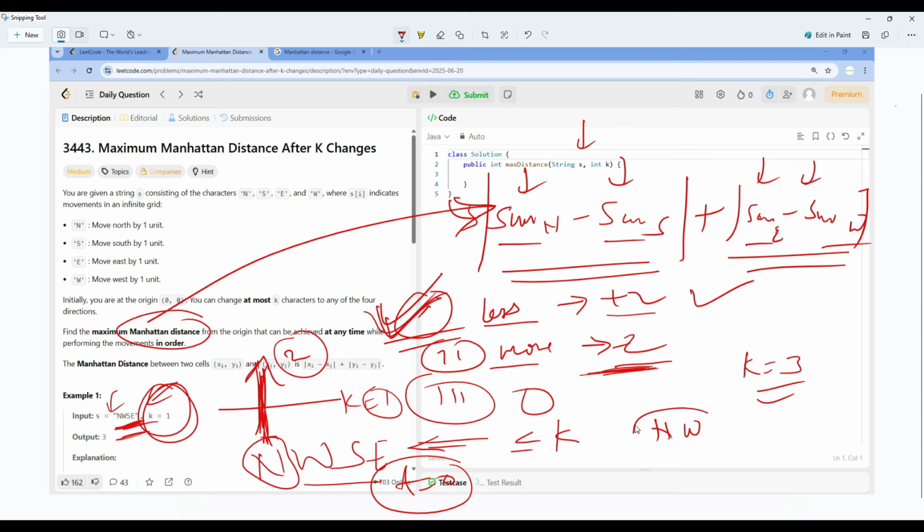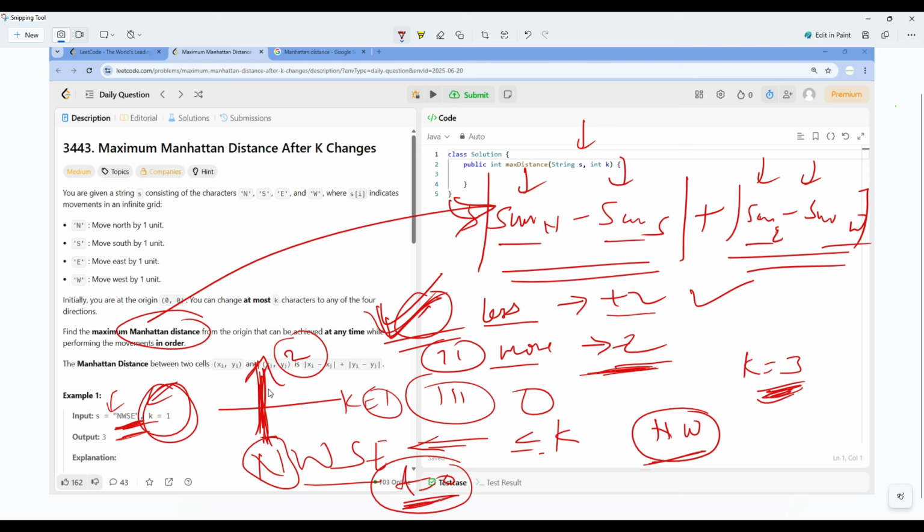How many letters are there? Only 2. So if the number of such letters is less than k, we modify all the letters, and the remaining count is set to t. Understand?